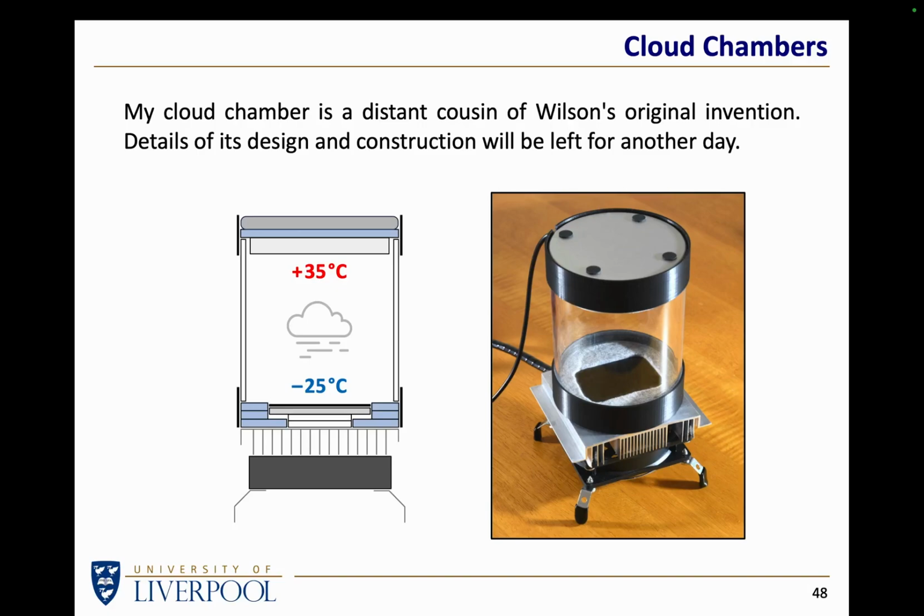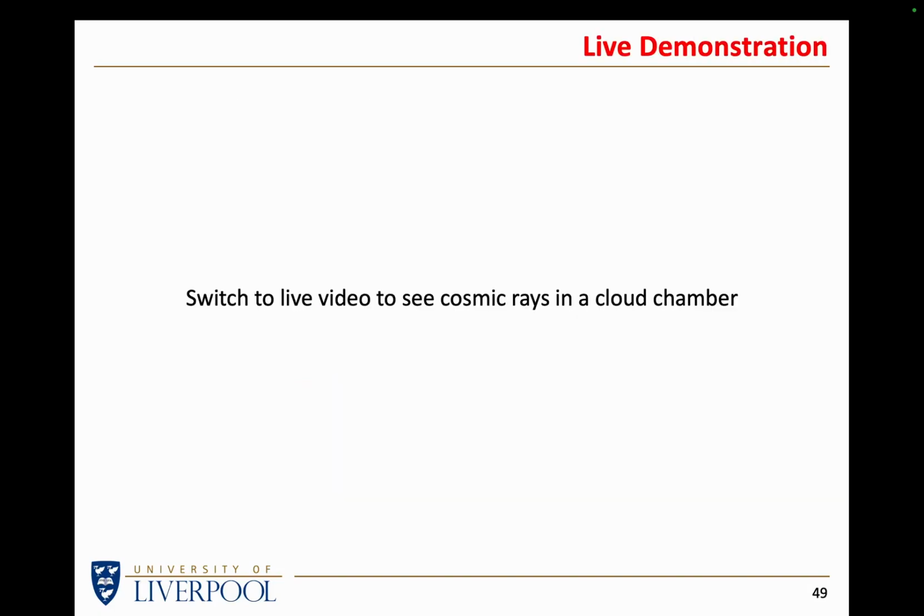So it needs to be quite cold, but you can buy these refrigeration units from Amazon for about 15, 20 pounds or so. I'm not going to describe how I built it, but you're welcome to come and have a closer look later if you wish. The cold plate at the bottom, that black rectangle, is what we were looking at earlier, and that's where the tracks will form.